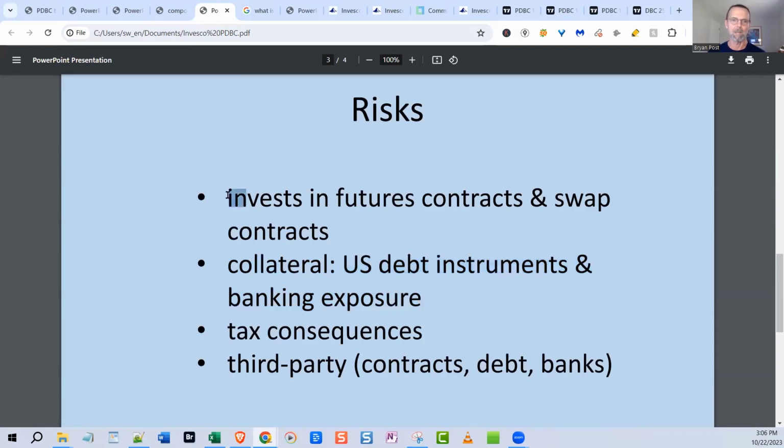So not only are they using high risk investment strategies, they're holding their collateral in high risk assets, in my opinion. So anyway, a lot of risk. There are tax consequences that are important to understand and look into if you choose to invest in this ETF or any ETF.